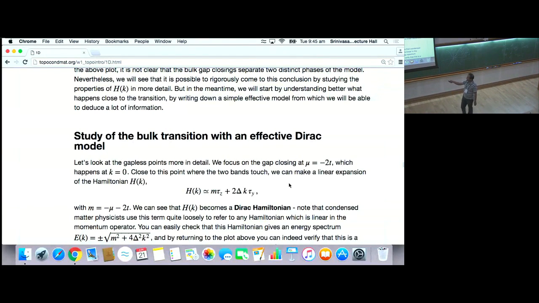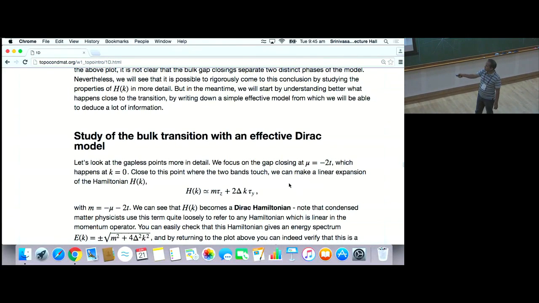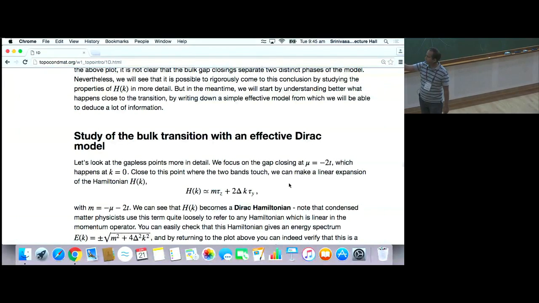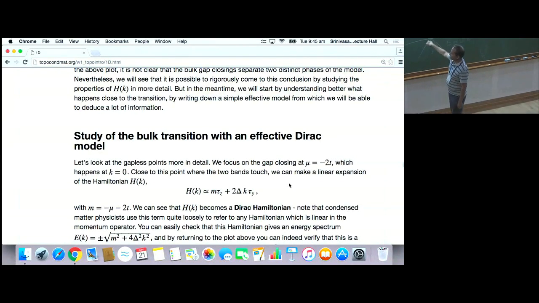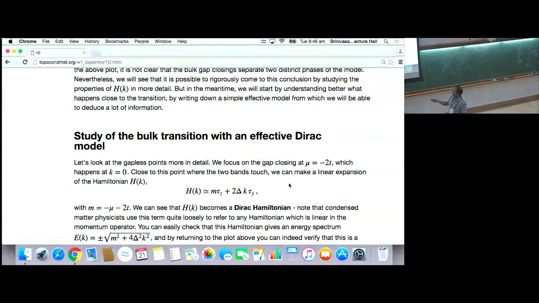So it becomes a Dirac Hamiltonian, but it has a mass term. At the transition point, at this crossing point, the mass term is 0, and you just have a linear Hamiltonian. Away from the point, your mass term is non-zero, and so you have to understand this massive Dirac Hamiltonian.